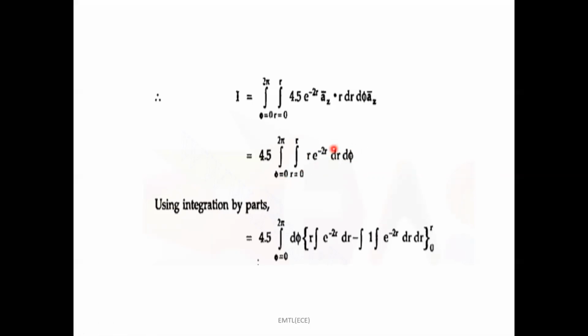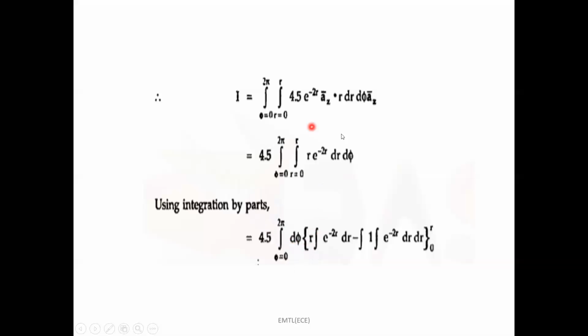Here r into e power minus 2r dr looks like an integration by parts problem. So by applying the integration by parts method for this r into e power minus 2r, this is equivalent to the integral of d phi from 0 to 2 pi.